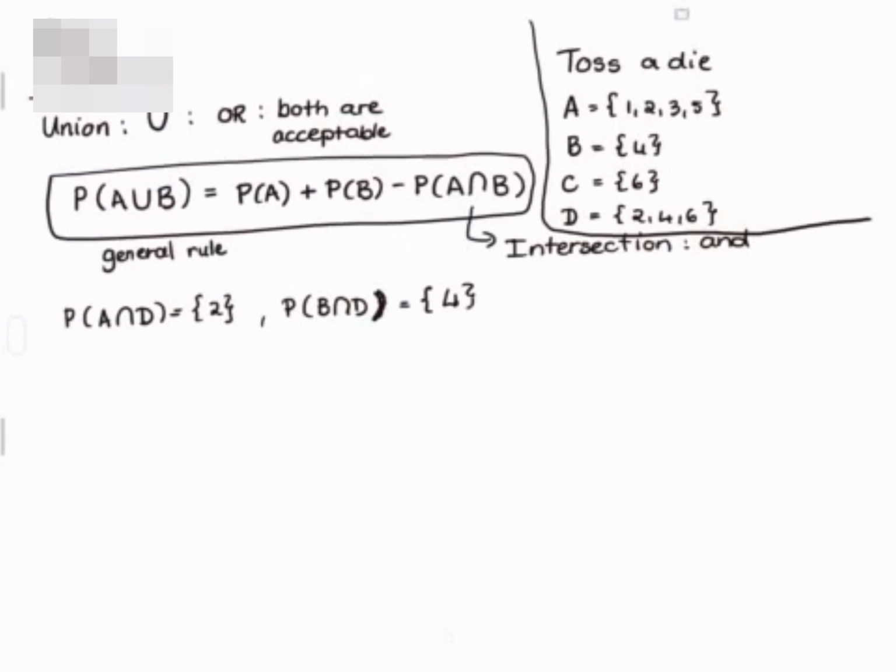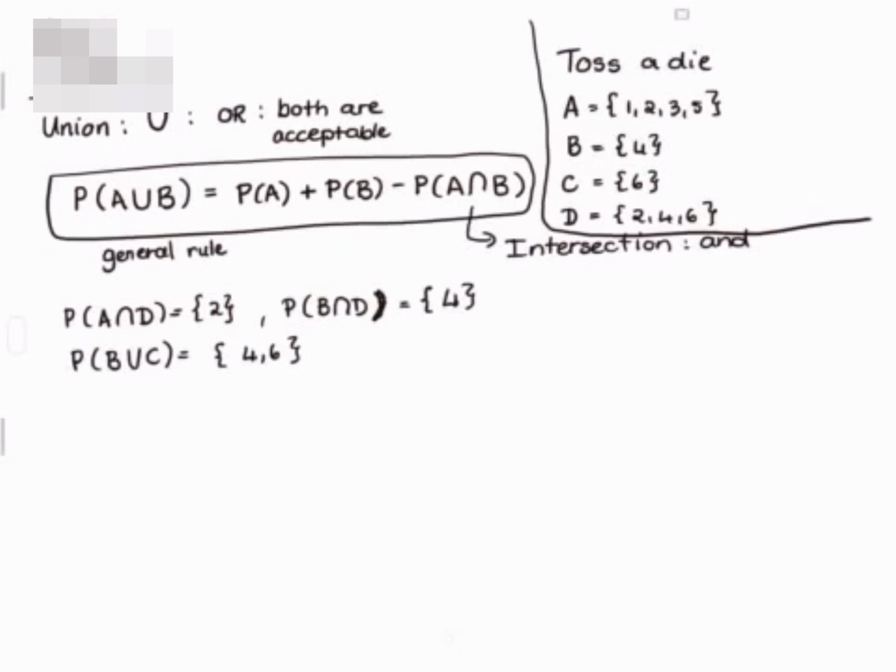What's in both B and D? A 4. But the union of B and C, B or C in other words, is the 4 and the 6. So the union is throw them together. The intersection is which overlap.